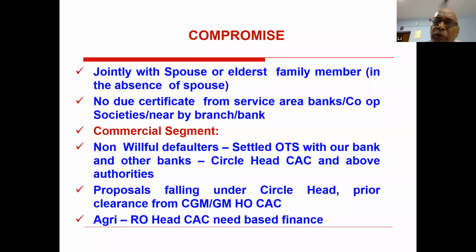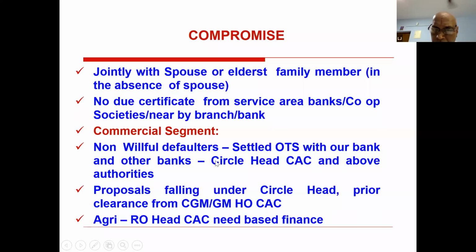So circle head and above authorities have power, up to the delegated power, to sanction loans to these types of parties. If the loan falls to be sanctioned by the circle head, then before releasing the money, permission is to be obtained from GM, CGM, HOCAC.